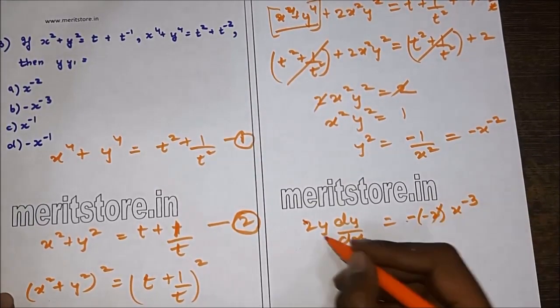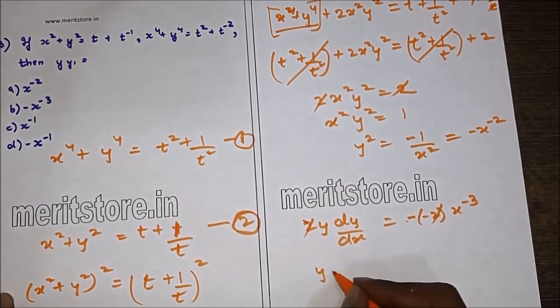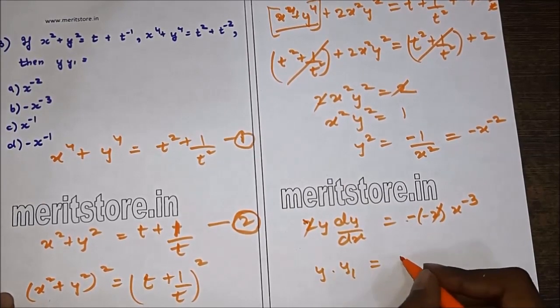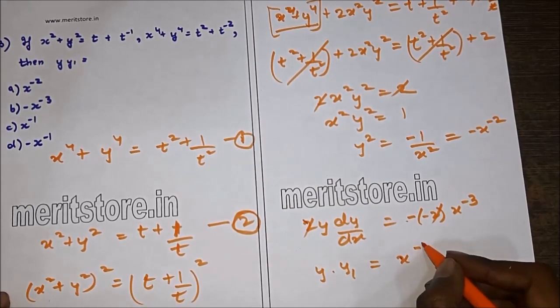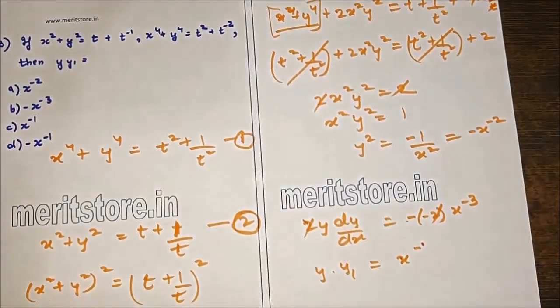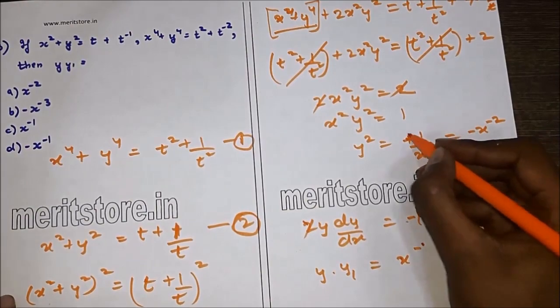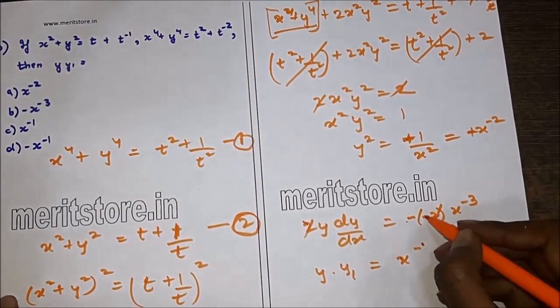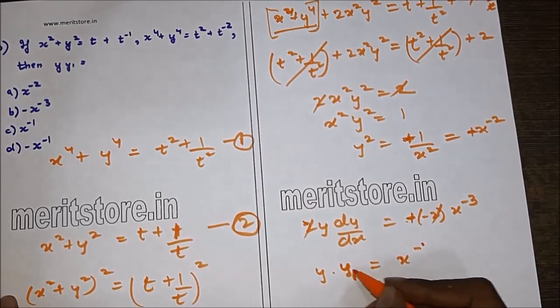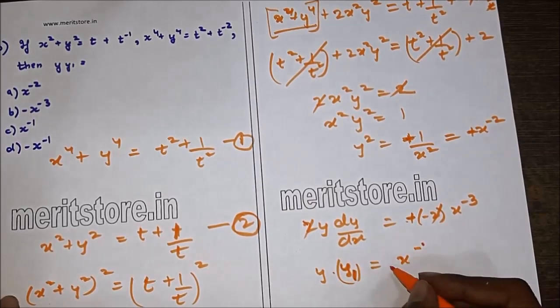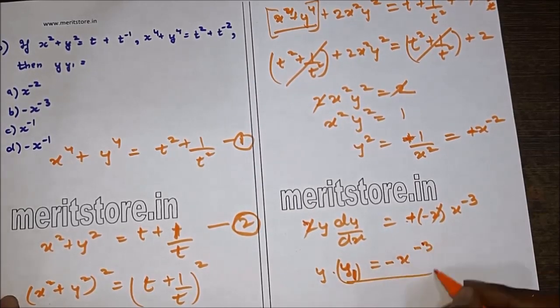So 2 gets cancelled. We are left with y into y1, which is first derivative of x, is minus x raised to minus 3, which is option B.